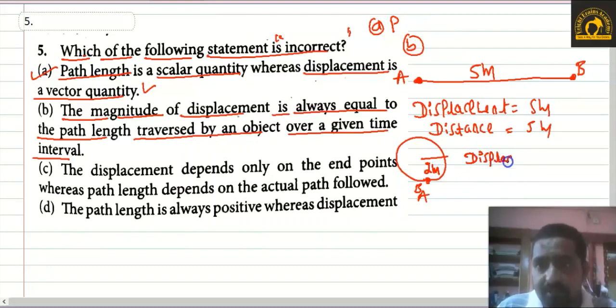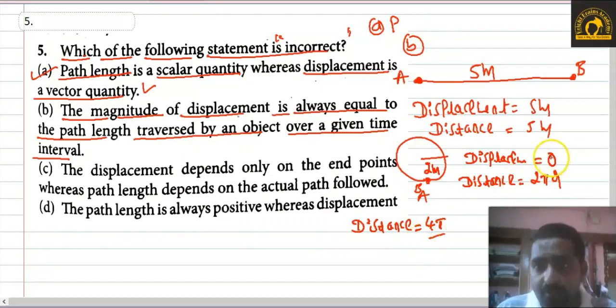The displacement of the particle is 0. The distance is found by using 2 pi r, so the distance is 2 into 2, 4 pi.